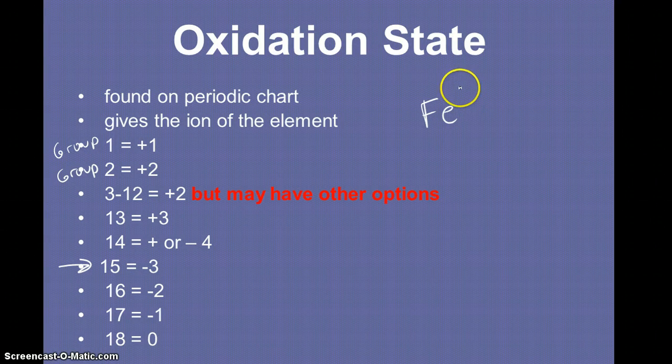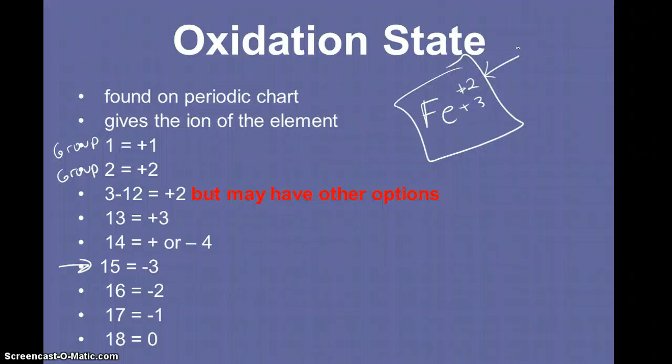Iron on your periodic chart has a +2 and a +3. This is what it looks like on your periodic chart. I always want you to go with that top oxidation state, in other words, atomic charge, but we're calling these oxidation states. So please keep that in mind. Always go with the top oxidation state, okay?